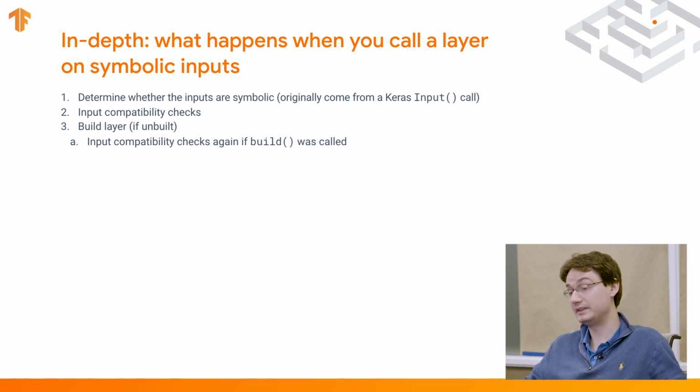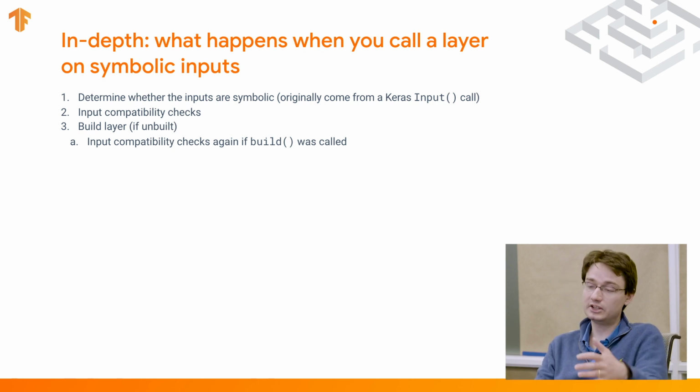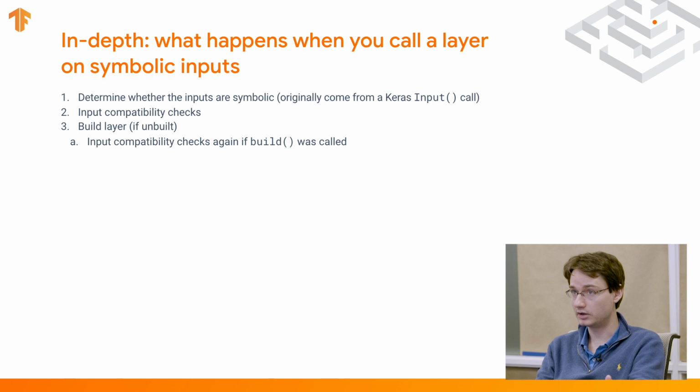For instance, if you have a dense layer, when you instantiate it before it knows its input shape, its input spec is just the fact that its inputs should have rank at least 2. But after you've built the layer, you have an additional restriction, which is that now the last dimension of the inputs should have a specific value.